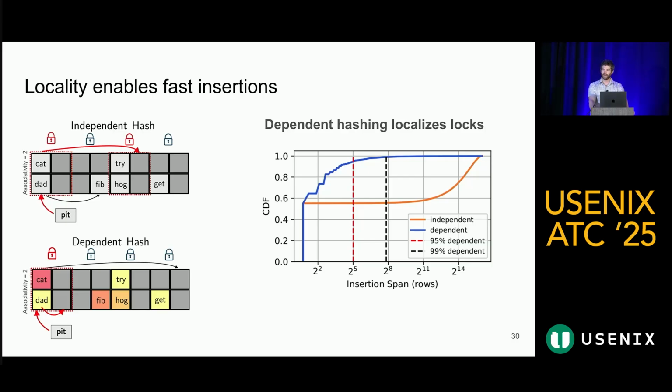And in the independent case, after you break off of that, they start to essentially randomly span the entire table. But in the case of dependent hashing, it tails off much more slowly. And so 95% of the insertions in the dependent case fall within 32 rows. And in 99% of the cases, it falls within 256 rows. What this means is that we can just size our locks correctly to ensure that we only have to get 1, or maybe in the worst case, about 2 locks to perform an insertion.